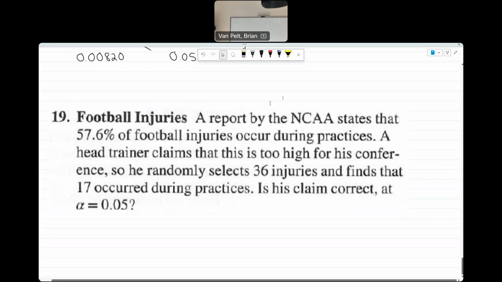This is the claim, he says he thinks that it is too high. If he thinks that this number is too high, then he thinks that it is low, but not true.